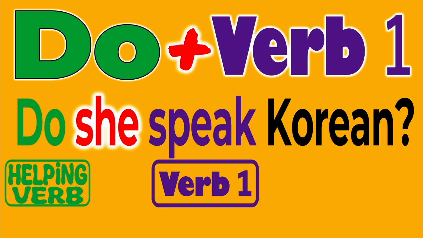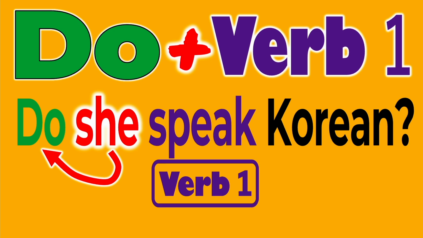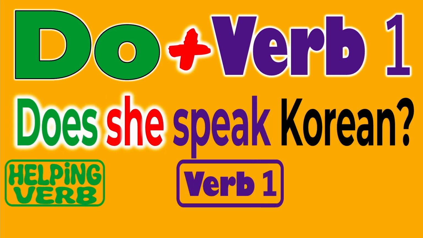Verb 5 ends with S, but we go backwards. We take she and we go back to the do. We add the letter S on the end of do, and we get does she speak Korean. Okay? She gets a verb 5 with the S on does, but the do helping verb, do family, does helping verb, gets speak, verb 1.